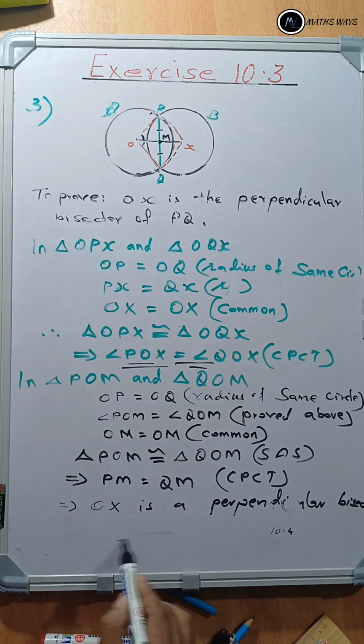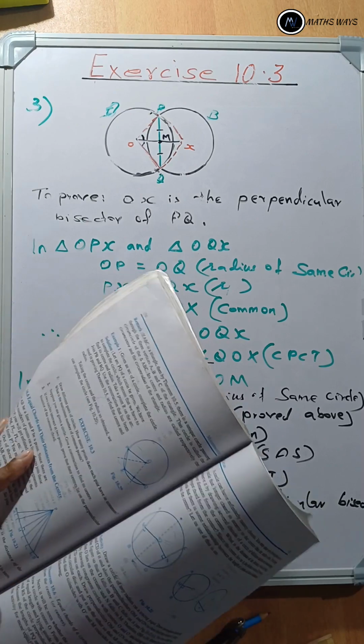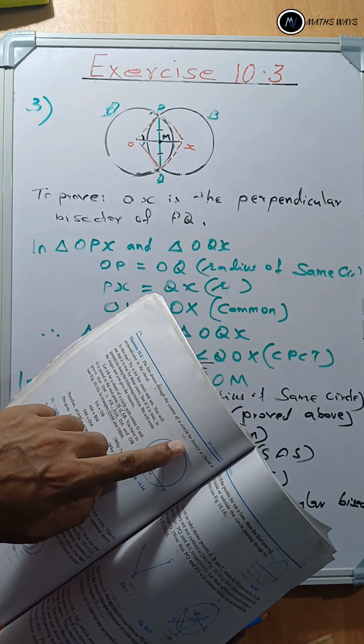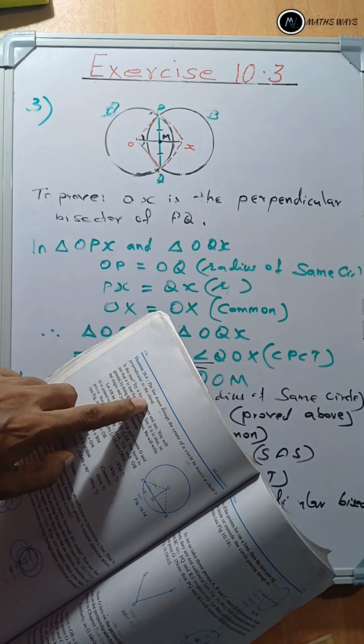That we have proved here, because theorem 10.4 says the line drawn through the center of the circle to bisect a chord is perpendicular to the chord.